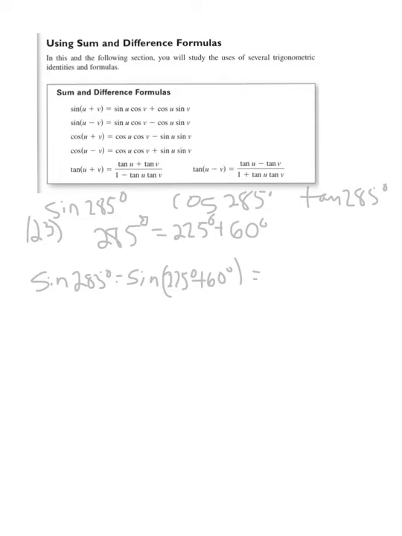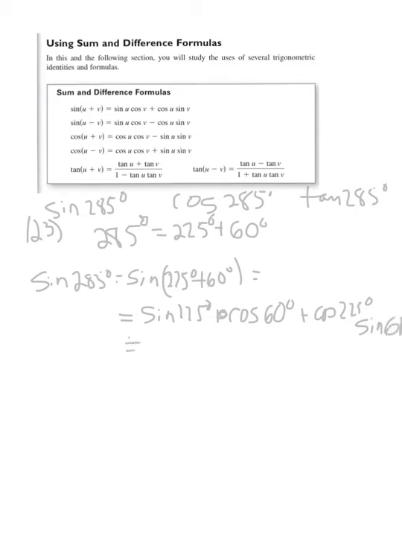These pens are too big. It'll be sine 225, always want to put my little degree symbols, times the cosine of 60, plus the cosine of 225 times the sine of 60.